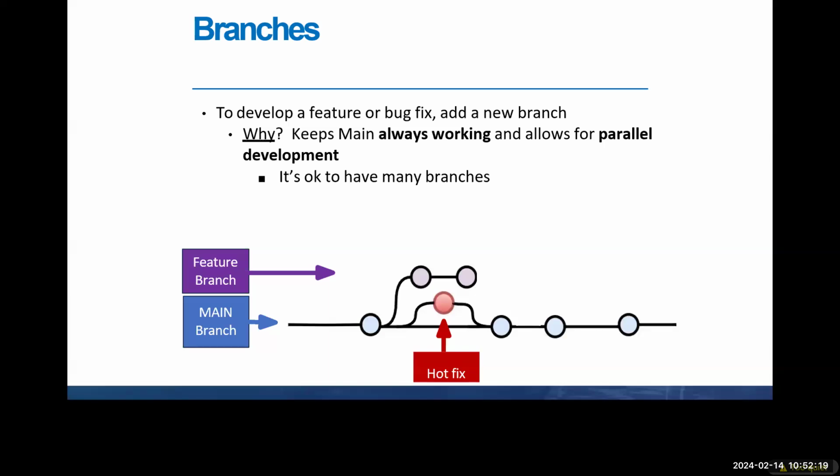It's okay to have many branches, and we need to fix these branches, then merge them to the main branch. Whenever, for example, we have a bug fix, it is called a hot fix.